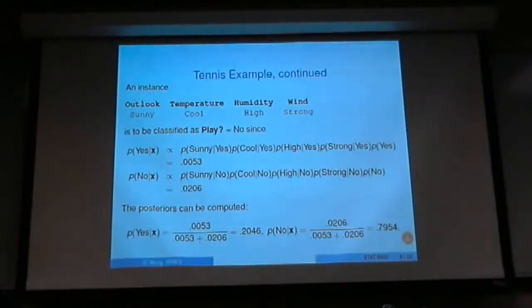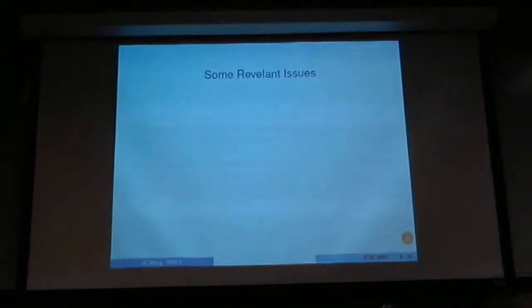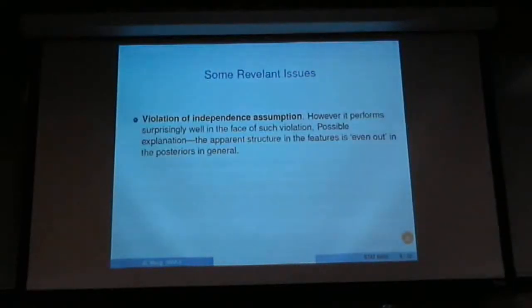So that is an example. Usually the independence assumption is violated in almost every example, because it is a very strong assumption and hard to come by. Again, very unrealistic assumptions.